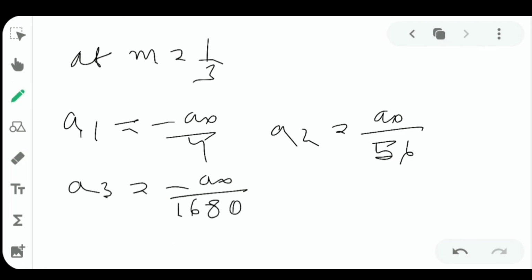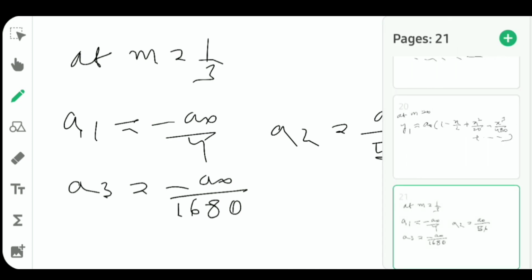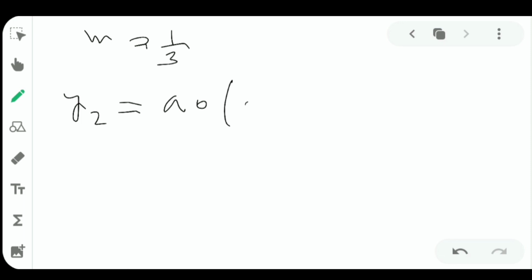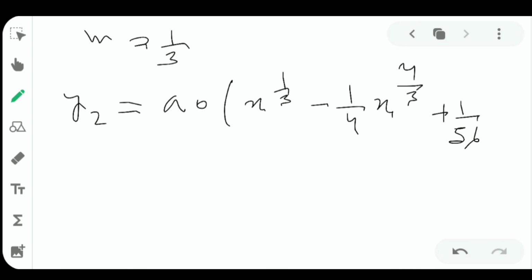So for m equal to 1 by 3, y2 will be equal to a naught times x to the power 1 by 3 minus 1 by 4 x to the power 4 by 3 plus 1 upon 56 x to the power 7 by 3, and it goes on.